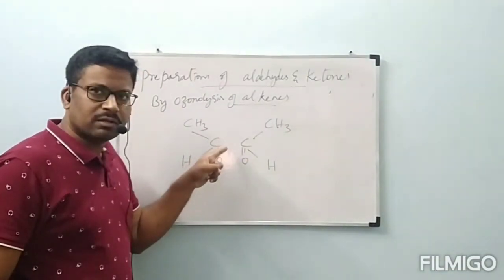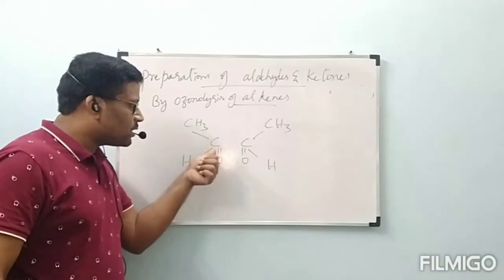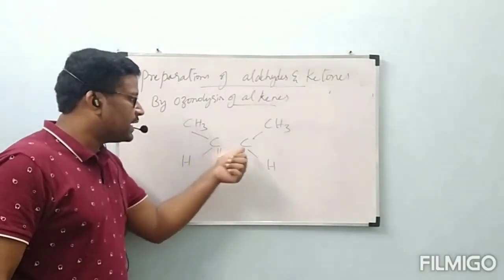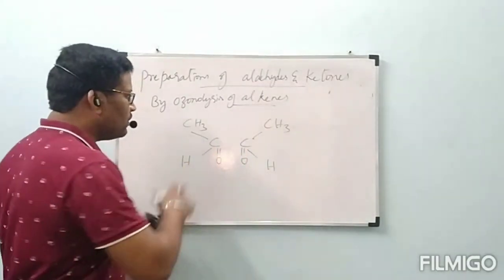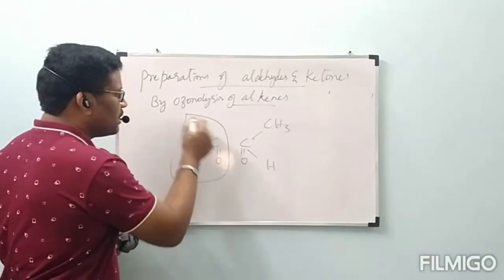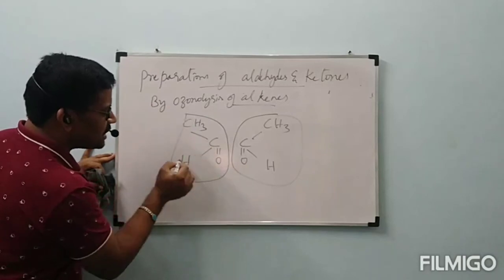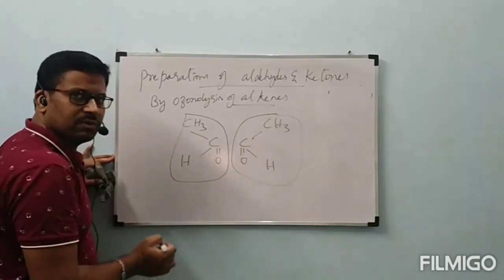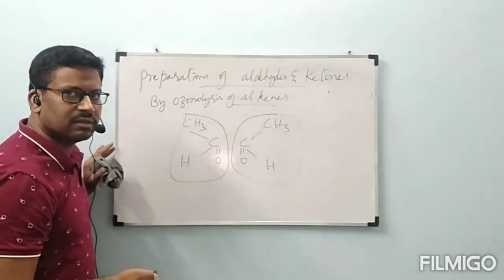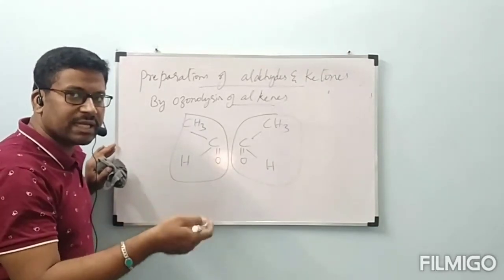We will get a mixture of aldehydes or ketones. Now we got CH3CHO and CH3CHO, both the same aldehydes. That varies depending on the alkene.